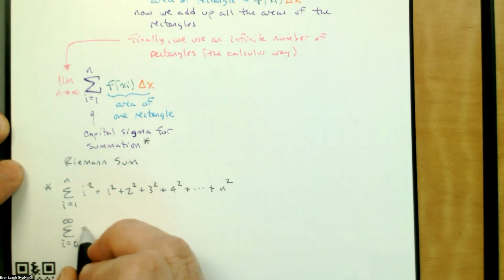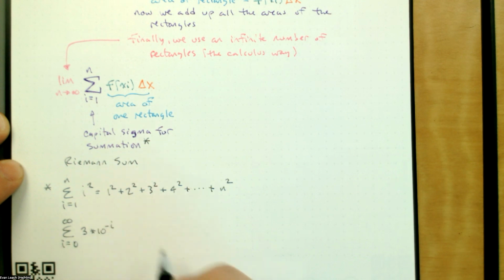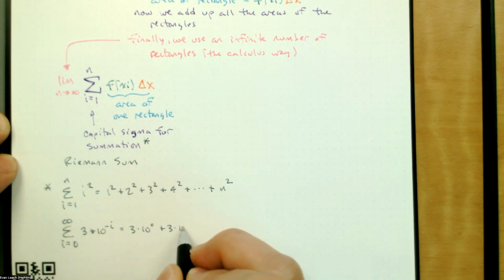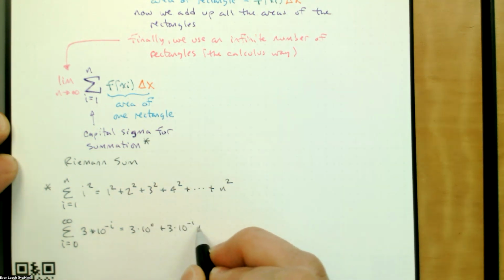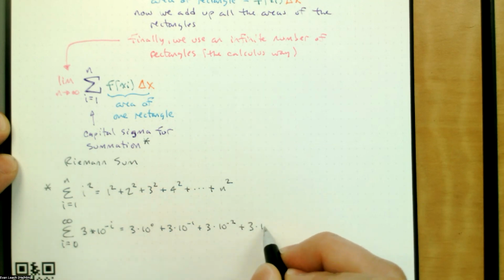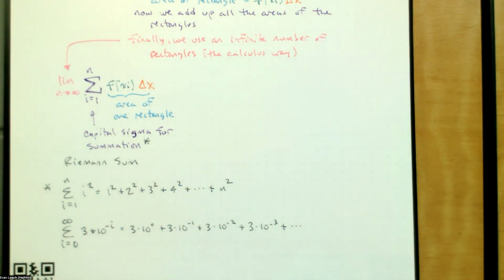It's possible that we start from 0, or wherever happens to be convenient for us. In the previous one, I said from 1 to n, so I have n terms.